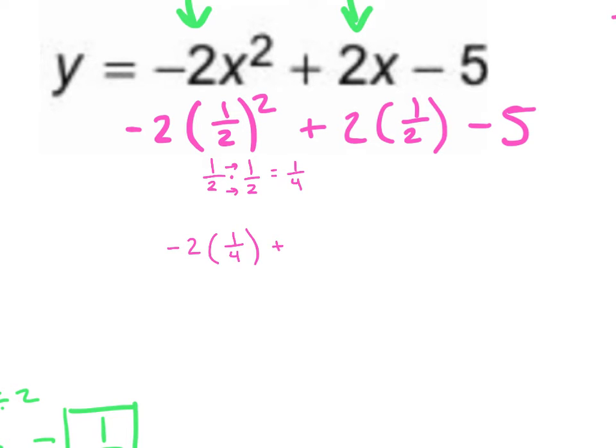Next we can do 2 times 1/2. What's 2 times 1/2? 1. Perfect. We have a 2 over 2, which is just 1. And then minus 5. Alright, last thing, let's do this. Negative 2 times 1/4. What is negative 2 times 1/4?